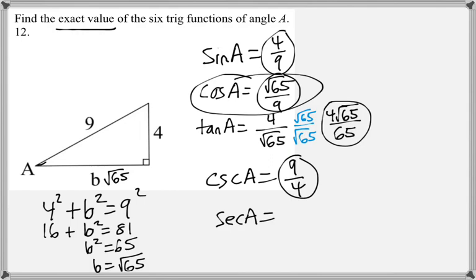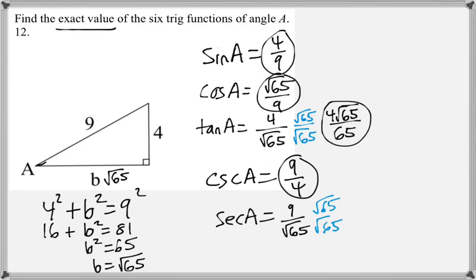So I need to flip cosine, and that'll be 9 over square root of 65. And I've actually created some work for myself because I need to rationalize this. So I need to multiply both the top and the bottom by square root of 65, and that'll be 9 square root of 65 over 65.